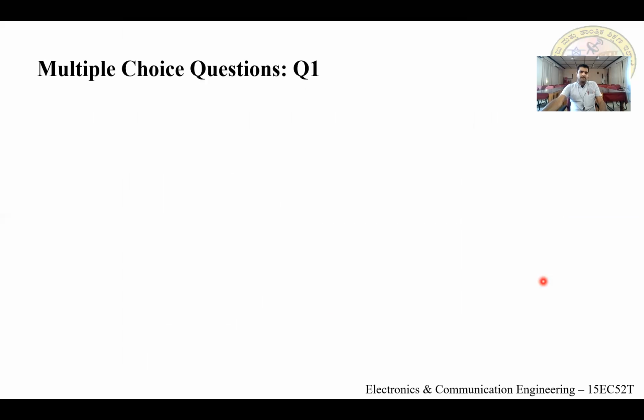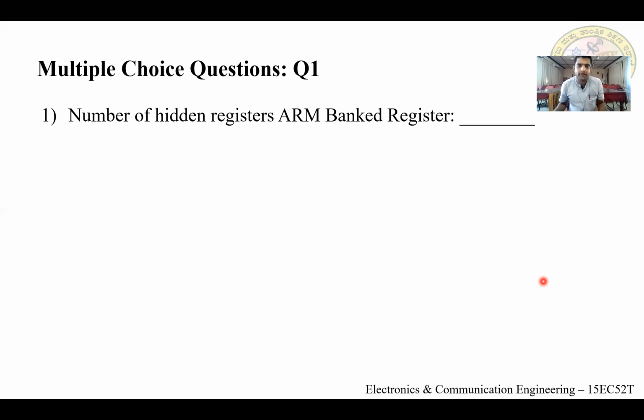Now we can discuss multiple choice questions on banked registers. First question: the number of hidden registers available in ARM banked registers. Option A 20, option B 37, option C 17, option D 8.